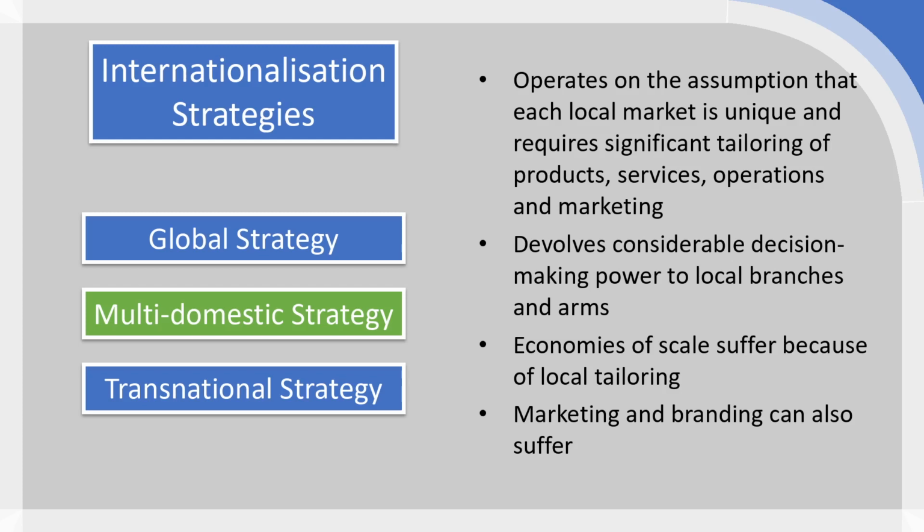So instead of centralization, for this to work, you need to devolve decision-making powers to local branches. So we want to decentralize and distribute decision-making power instead of keeping it at the home office.